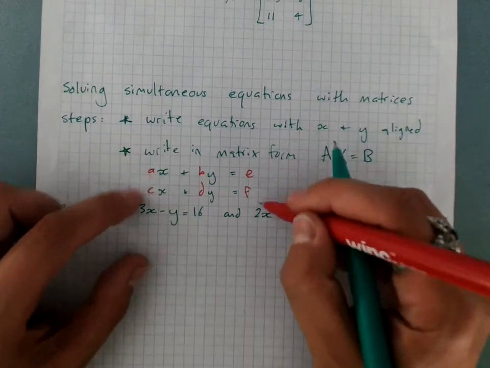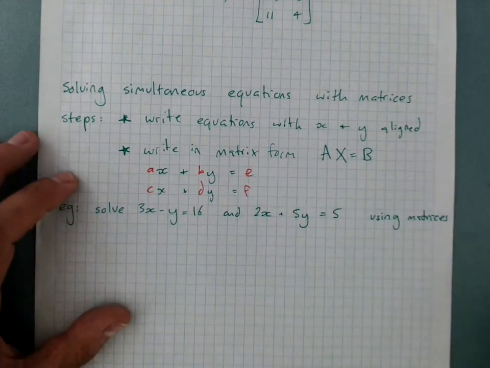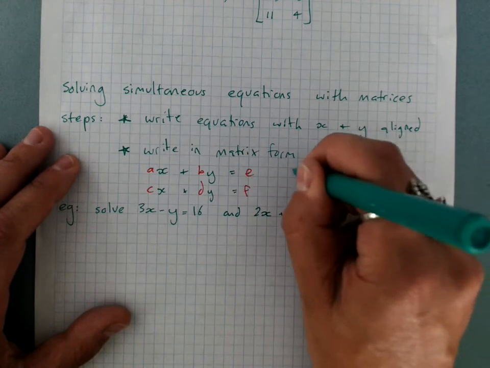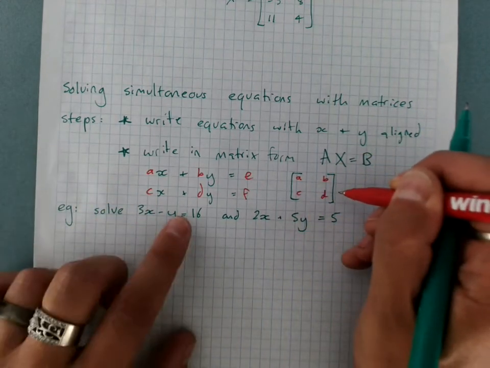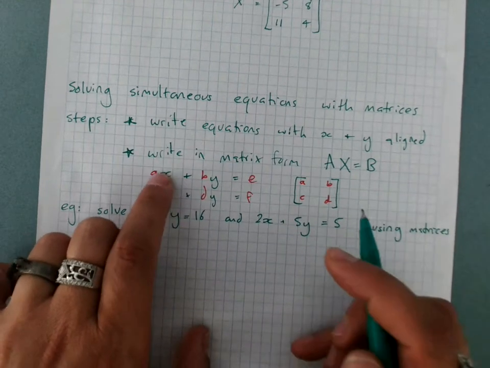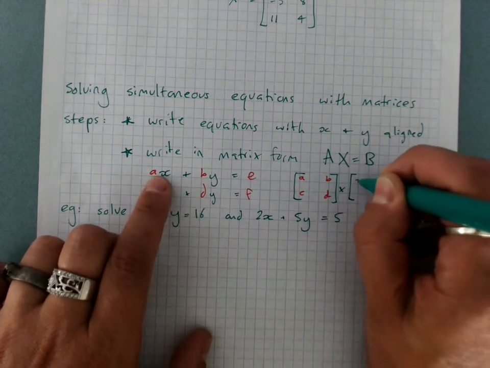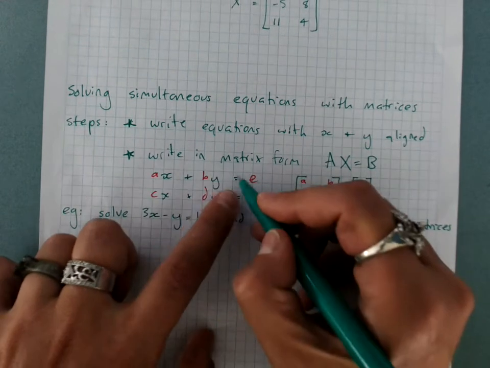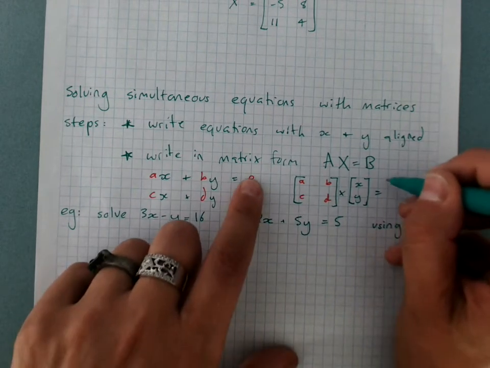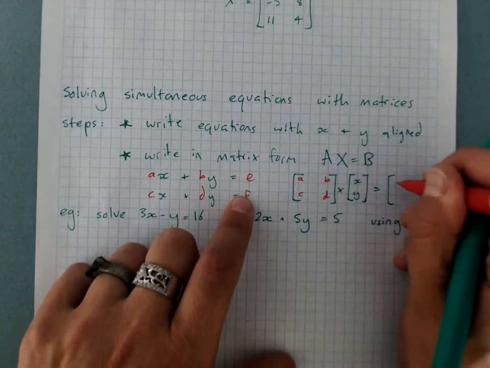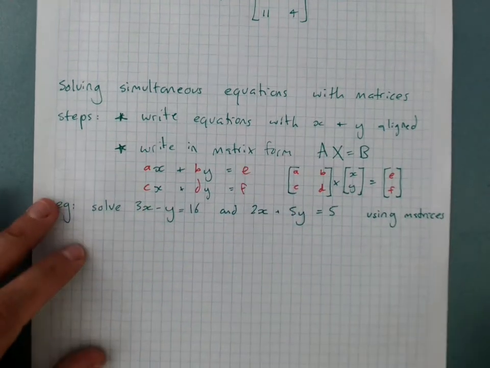We write our equations lining up, and I've put the numbers in a different colour because this will become matrix A, with A, B, C, D, the numbers from in front of the x and y in both equations, times matrix X, which will be the x and the y, x then y, row, column, equals matrix B, E and F, the answers to the simultaneous equations. Bit tricky, it'll make sense as we do the example.